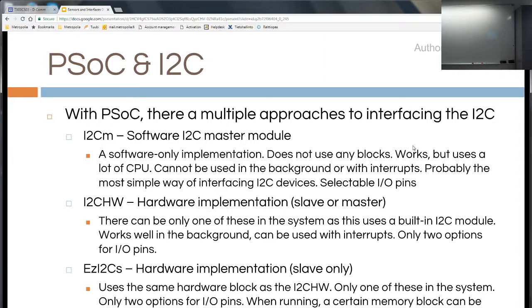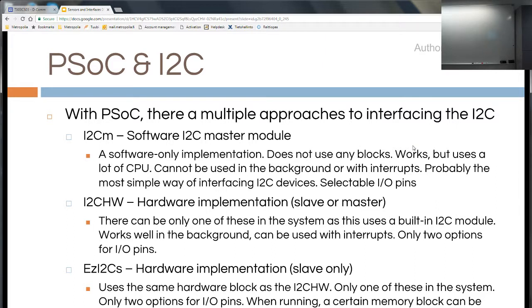Okay, then there's the hardware implementation, meaning that one of those is directly the same hardware as the programmer, since actually the device programmer pins are I2C.